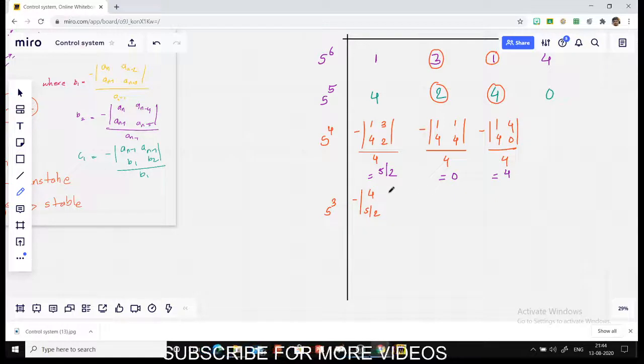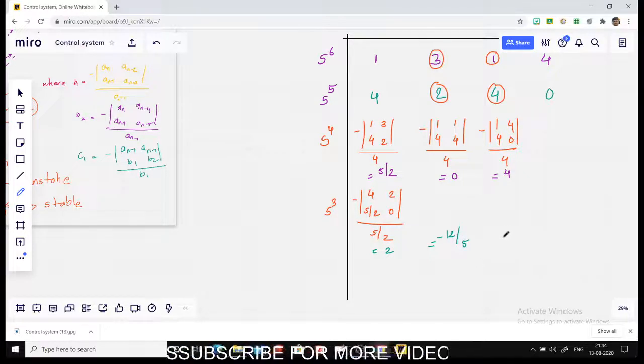The next term will be 2 and 0 upon 5 by 2. So 5 by 2 into 2 divided by 5 by 2, the value will be 2. Similarly, if you solve this, you will get minus 12 by 5, and again this is 0.